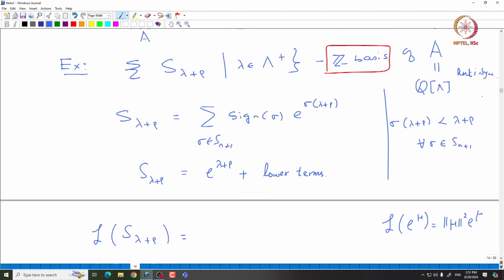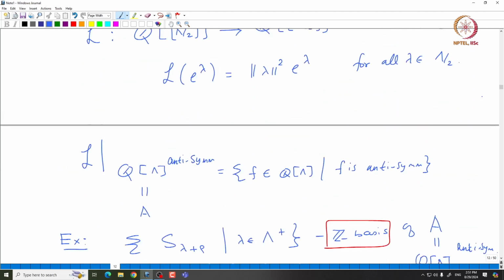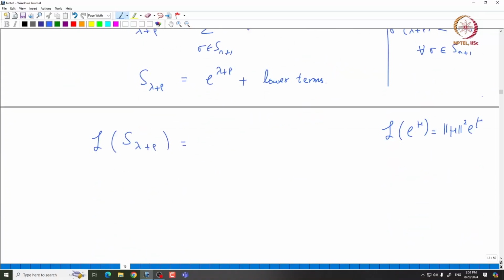That is by definition of the Laplacian. So, if you take L of s_{lambda+rho}, then you can easily see that this is going to be the sum of sign of sigma times norm of sigma(lambda+rho) squared times e^{sigma(lambda+rho)}, where sigma runs over S_{n+1}.